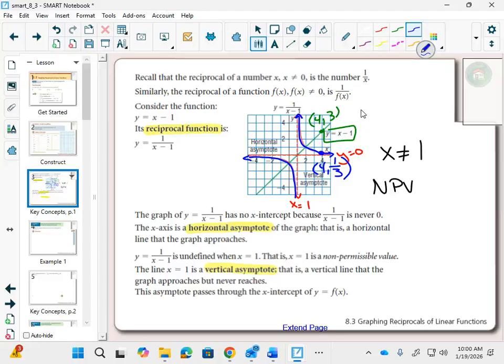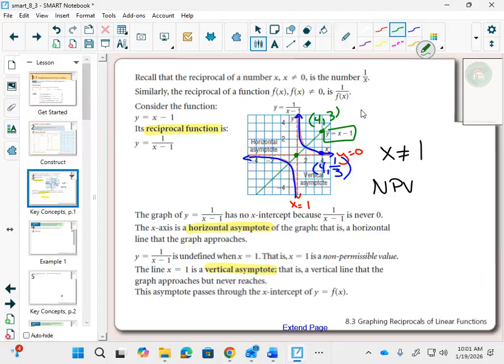So if I plugged in 4, does it make sense that I would get 3 on the bottom of that fraction? So if I had 3 originally, I have 1 over 3 now. When I had 0, an x-intercept, or 0 originally for my y value, if I do 1 over 0, I have a non-permissible value. That's why I have a vertical asymptote at that point.